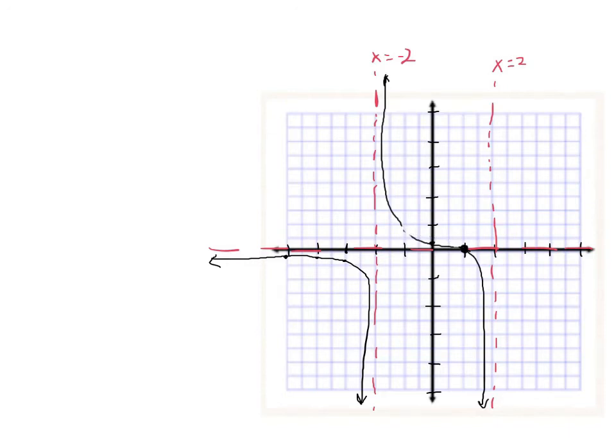We cross our horizontal asymptote. And you're probably used to the idea that you can't cross an asymptote. And most of the time with our vertical asymptotes, that's true. Vertical asymptotes are the visual representation of undefined numbers. 2 and -2 are undefined, so we can never actually touch them.